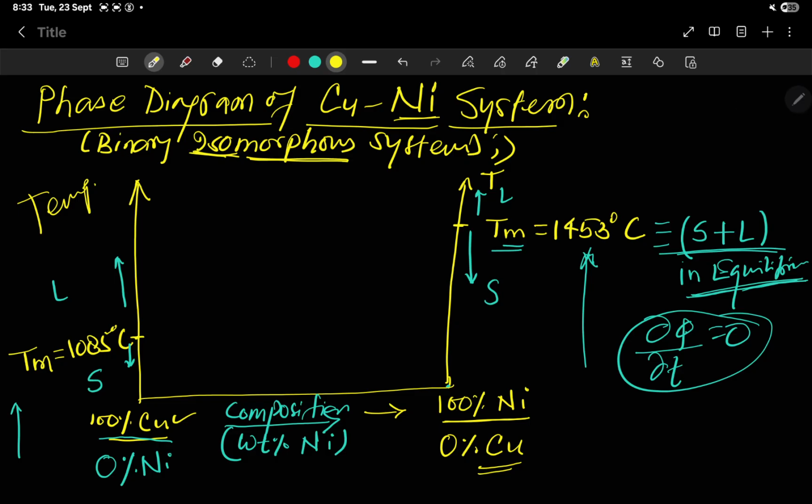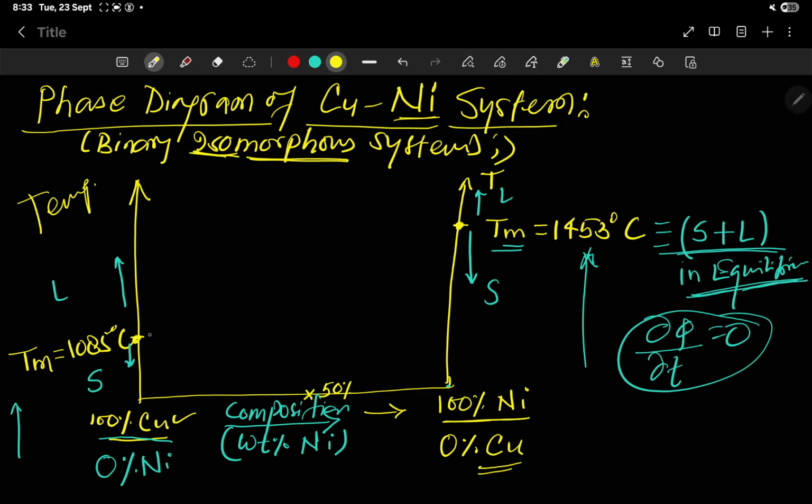Now these are the melting points for pure copper and for pure nickel. Our aim is to identify what will be the melting temperature for 50 weight percent nickel. At that line, what will be the melting temperature of that alloy? What is going to happen?